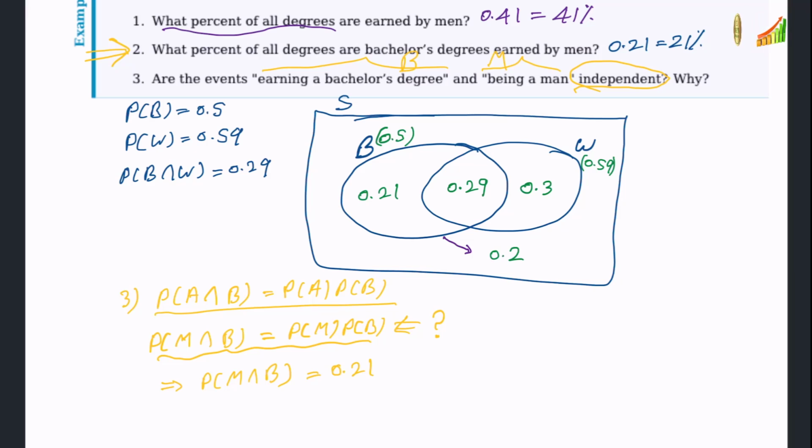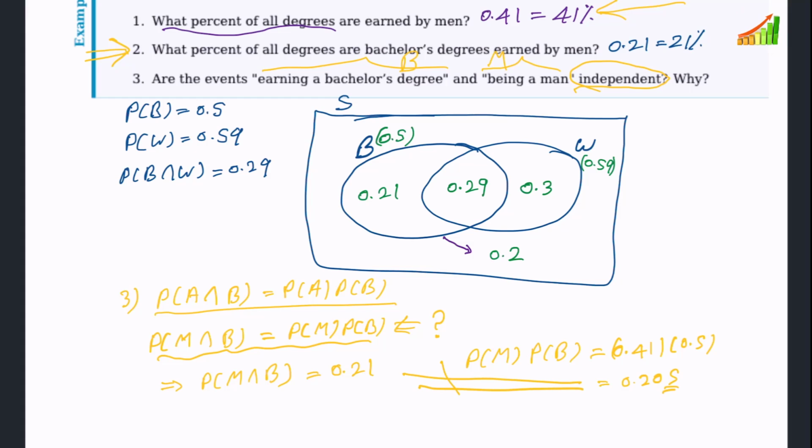Then we will check probability of M times probability of B. We know probability of M, it is the first one, it is 0.41. Probability of B, we know that is 0.5. This answer is 0.205. Now you see these two values are not equal, not the same number. Therefore, we can say these two events are not independent.